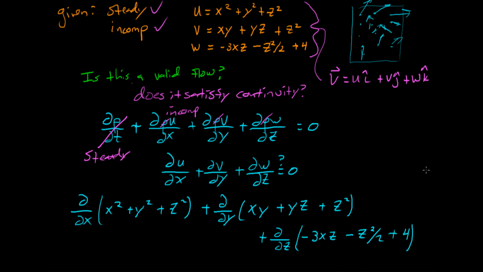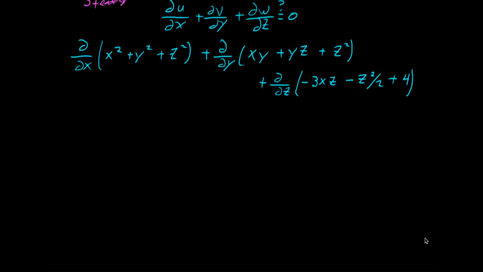Okay, so we subbed it in. Now we just do what the math tells us. What is the derivative of this first term with respect to x? Well, d/dx of x squared is 2x. d/dx of y squared is 0. d/dx of z squared is also 0. So the first term is just 2x.